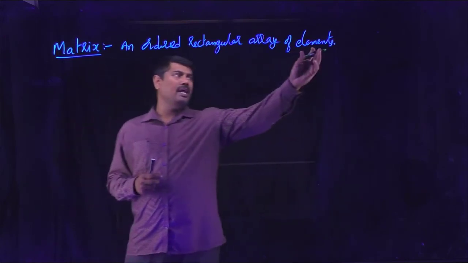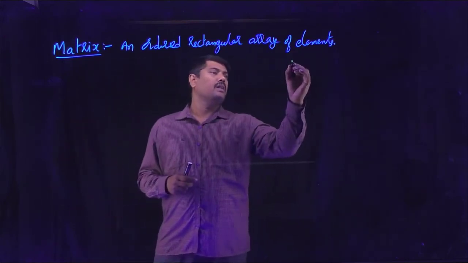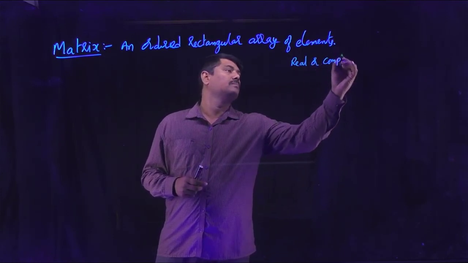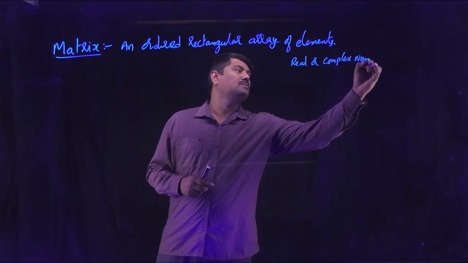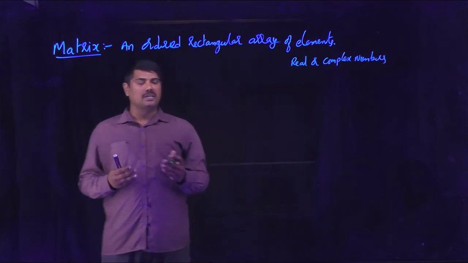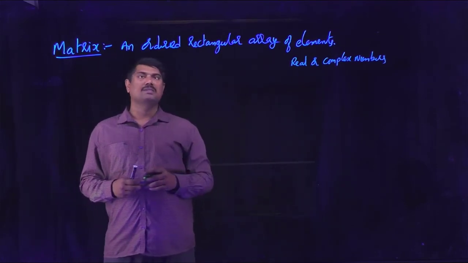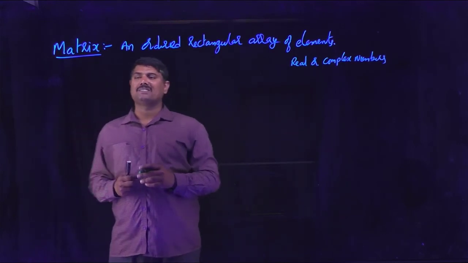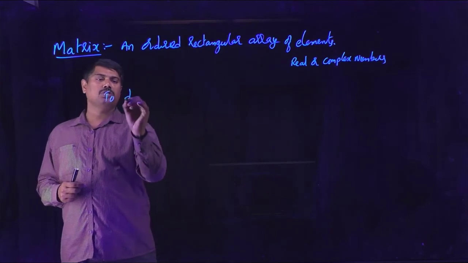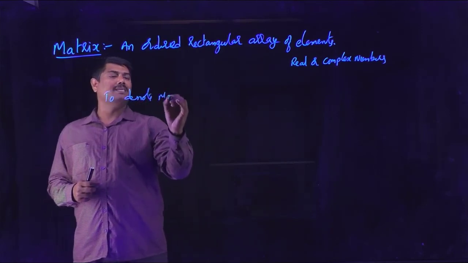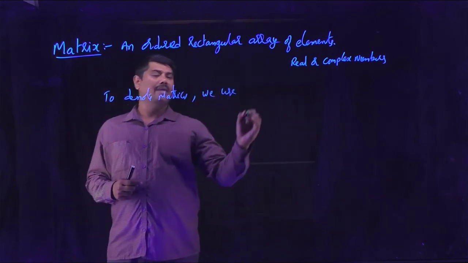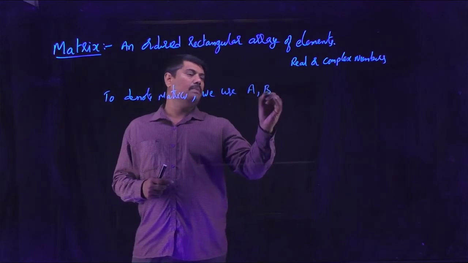Now here, considering elements, we can consider real or complex numbers. Generally, for the elements, we can consider real numbers or complex numbers. And to denote matrices, we generally use capital letters: capital A, capital B, capital C, and so on.